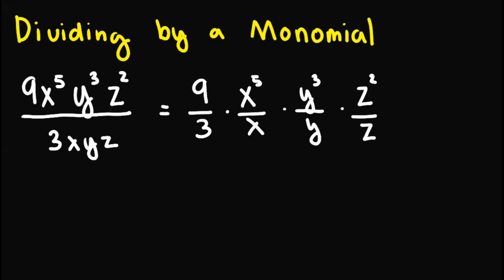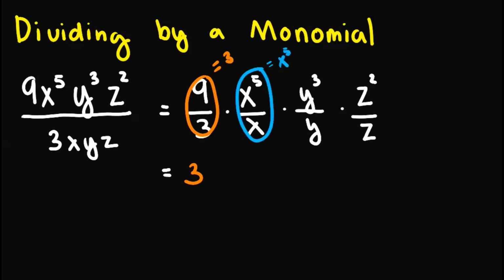First, note that 9 over 3 will simply simplify into 3. So we have 3 out here. X raised to 5 over x, by laws of exponents, is equal to x raised to 5 minus 1, which is x raised to 4.